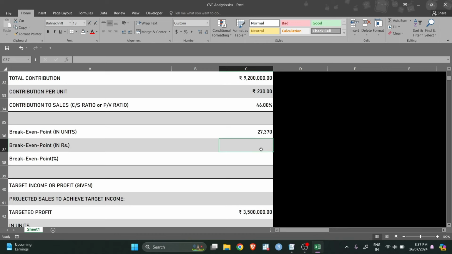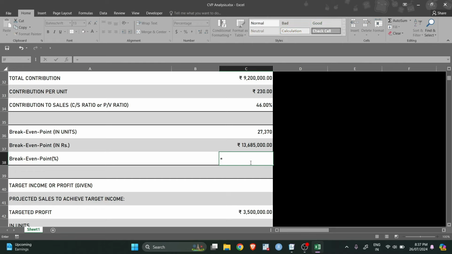So how much do I need to generate in revenue? It is selling price into this much quantity. So this is giving me that revenue which can make my profit equal to 0. Now this is break even percentage.